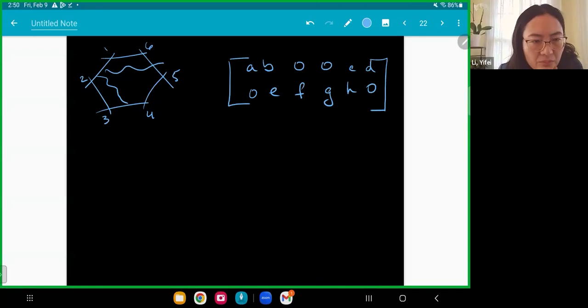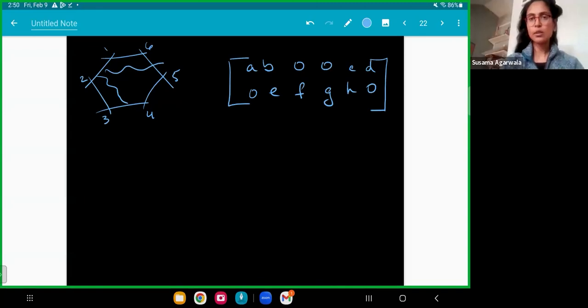Okay, so now I can take a look at what all of my Plücker coordinates are here. My first one is going to be AE.